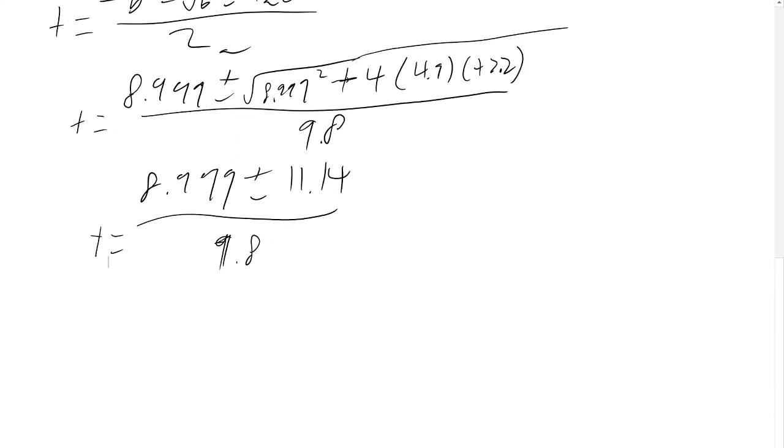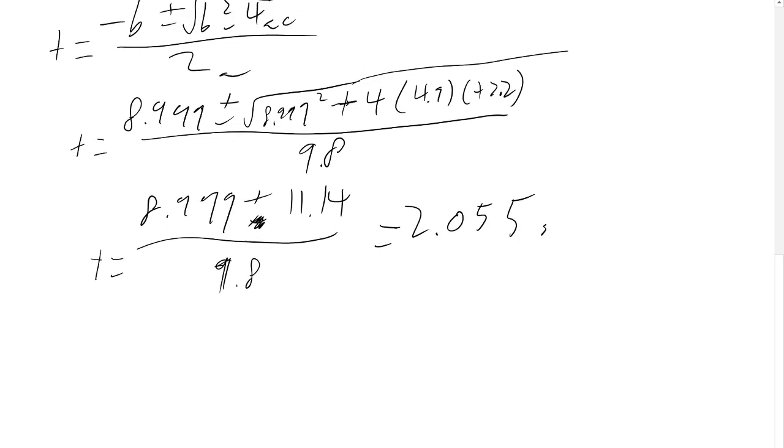So we have to reject the minus 11.14. That leaves us with the other option, 8.999 plus 11.14 equals 20 point something divided by 9.8 equals 2.00555, and that's seconds.